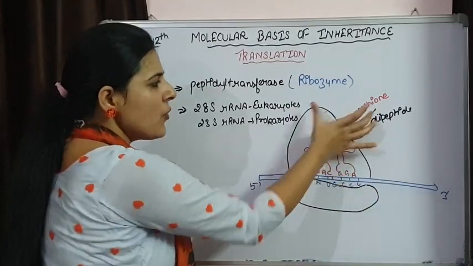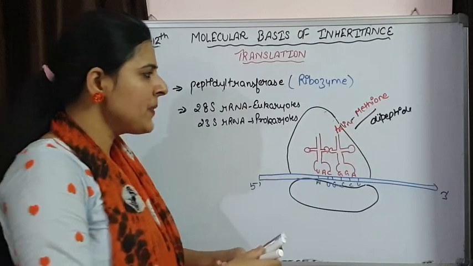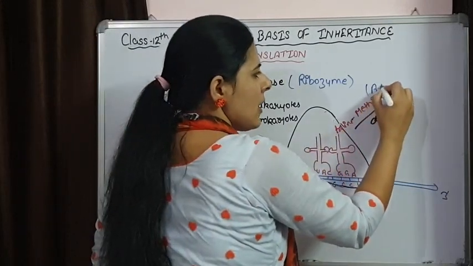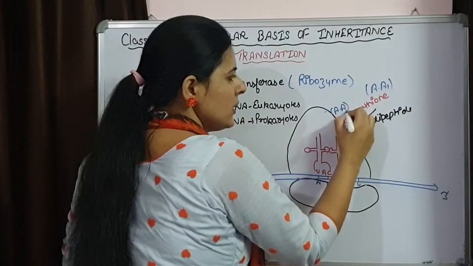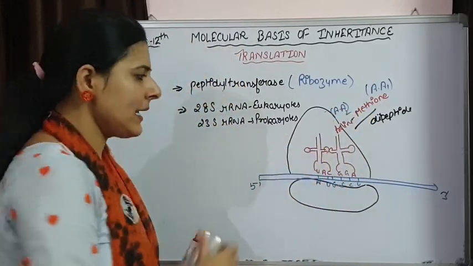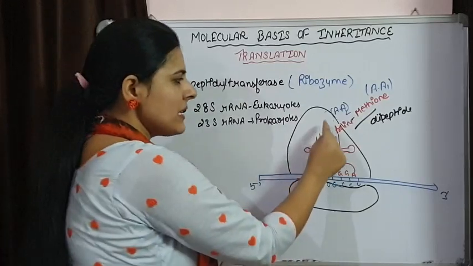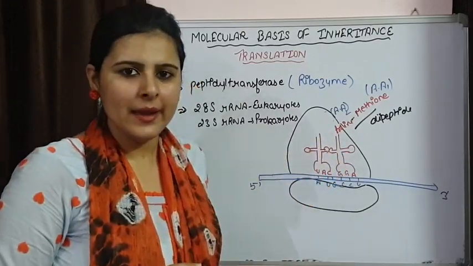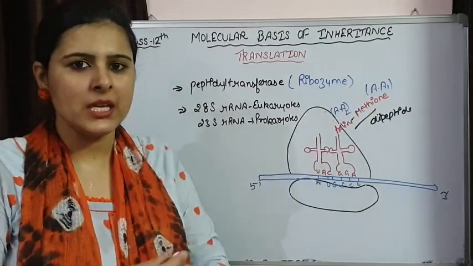So this is how peptide bond formation is taking place. This is the first amino acid, say amino acid 1. This is amino acid 2. Again the third amino acid will come. So the third amino acid will be added. So this is how peptide bond formation is taking place.